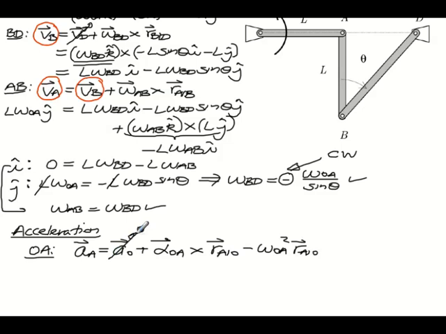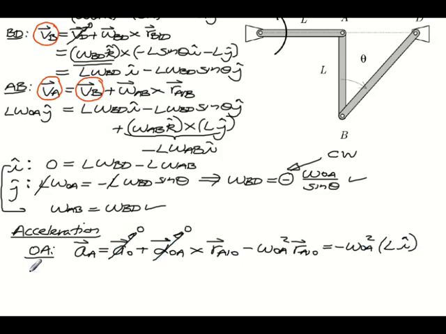It says omega OA is a constant, so alpha OA is a 0. So what we have here is the known value of omega OA squared times from O to A is just an Li.